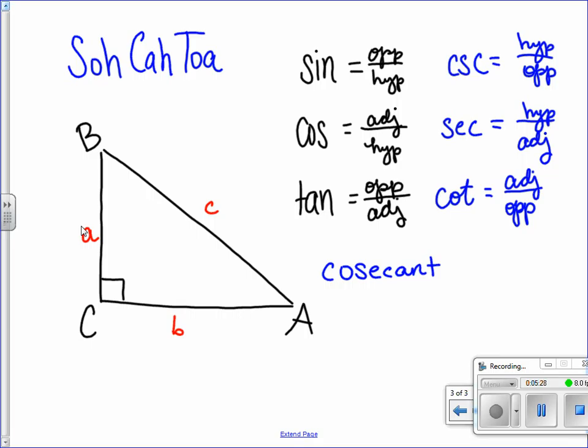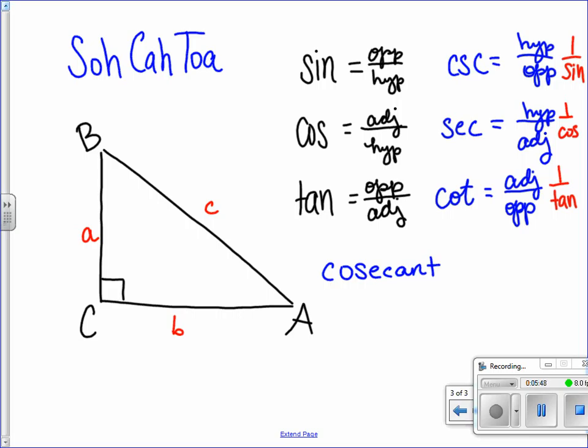Another way to look at it is cosecant is 1 over the sine. Secant is 1 over cosine. Cotangent is 1 over tangent.